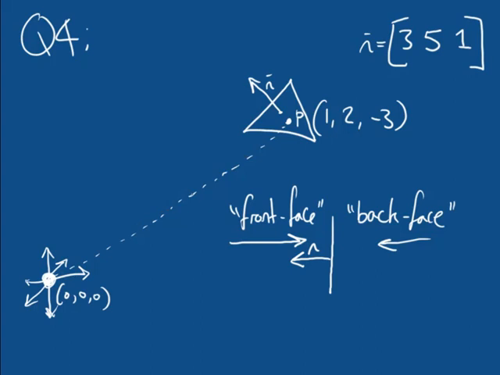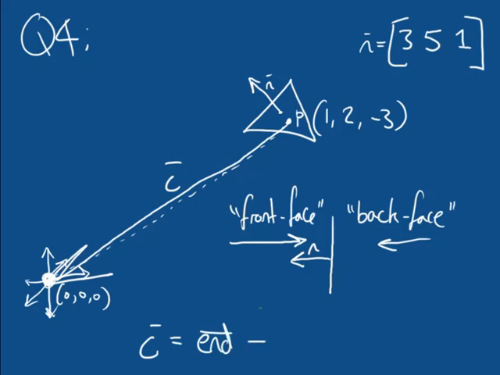The way I'm going to construct it is so we have a vector that points from this point down at our camera, and I'm going to call this vector C. It's our camera vector. We've already seen in earlier videos how we can create a vector between 2 points. Our vector C is going to be equal to the position vector of our end point, minus the position vector for our start point.